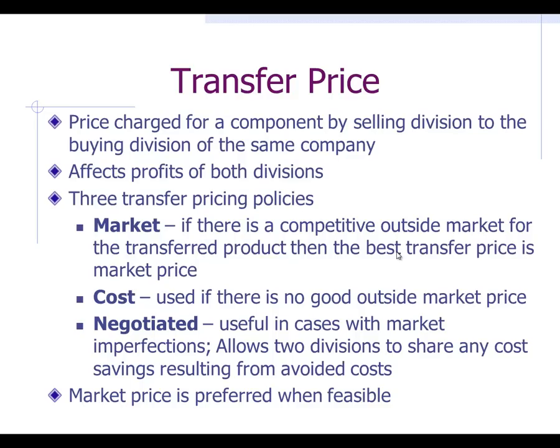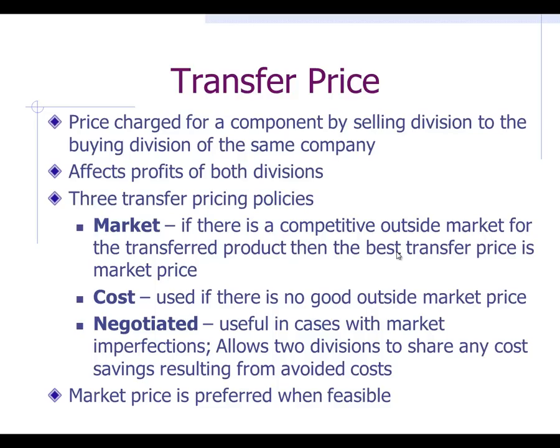So in essence, the battery division, quote unquote, sells batteries to the computer division. So the battery division is going to show some revenue on their segmented income statement. The computer division is going to show an expense on their portion of the segmented income statement. So what amount of revenue needs to be there versus what expense needs to be there, you have to put a dollar amount on there. And that's what's known as the transfer price.